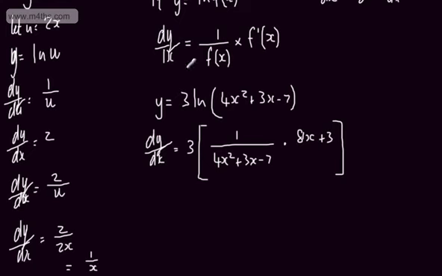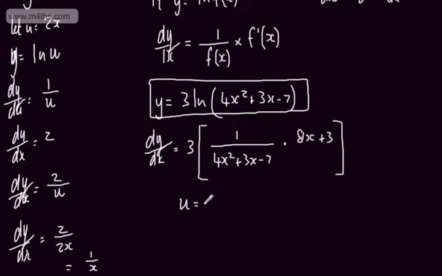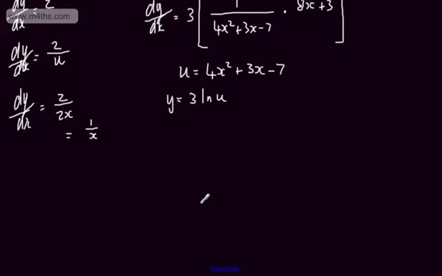You can, of course, at this stage say that u is equal to this inside function. So if you wanted a more formal approach at this stage, you could say now let u be equal to the inside function. So u would be equal to 4x squared plus 3x minus 7. So we'd have y is equal to 3 lots of the natural log of u. The derivative dy by du would be 3 lots of 1 over u, or 3 over u.